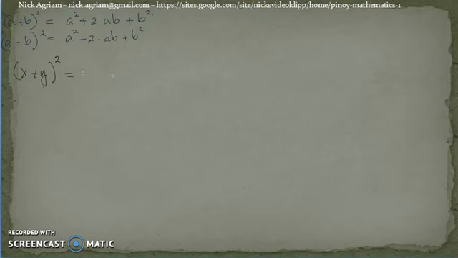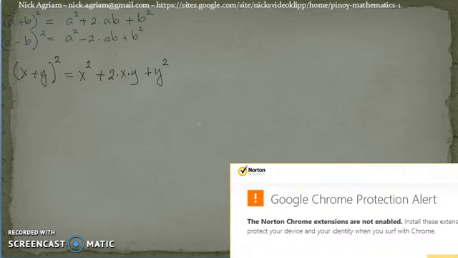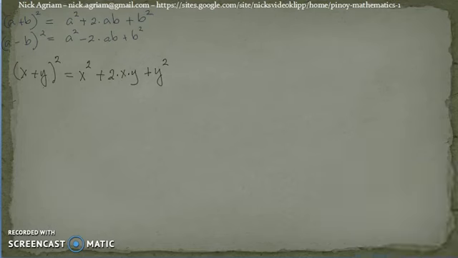And then we have the first term, square of that, and then we have the 2 multiplied by the first term and the last term, and then the last term square. That means we have x squared plus 2xy plus y squared.